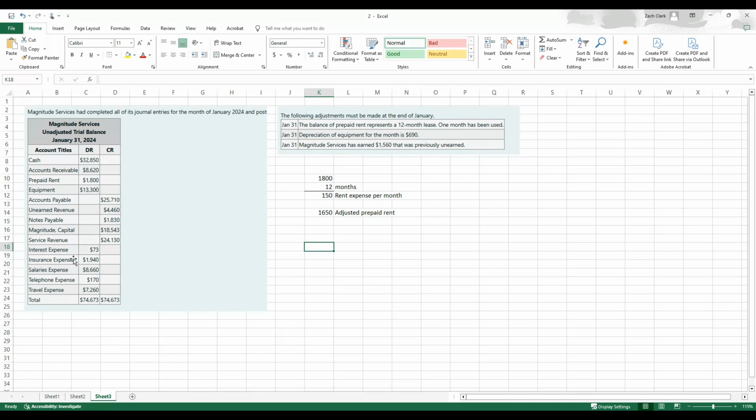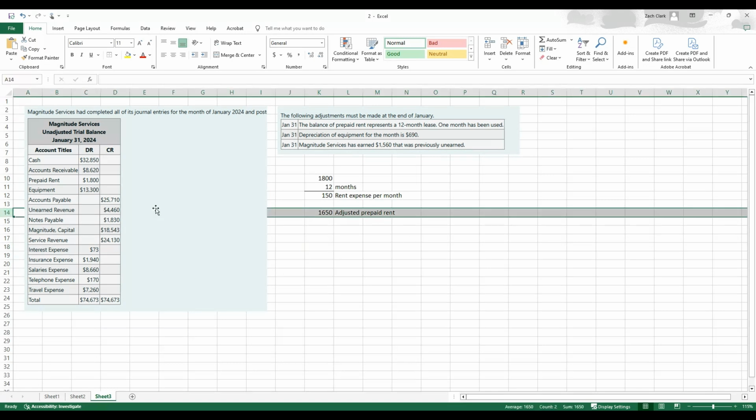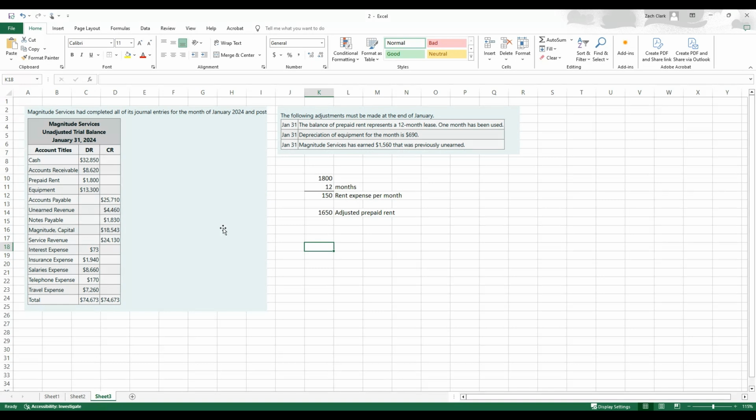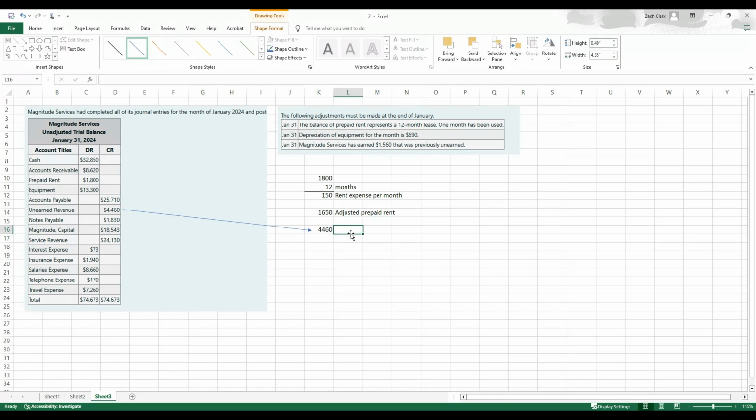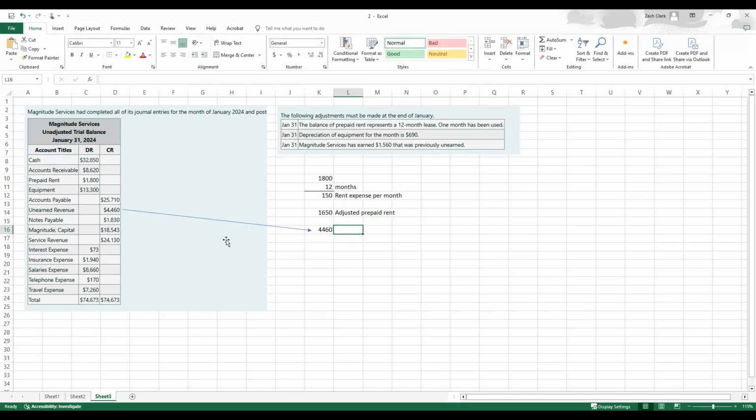That was previously unearned. So here's our unearned revenue here, $4,460. So unearned revenue per the unadjusted trial balance is $4,460, and we earned $1,560 of that amount during the month.